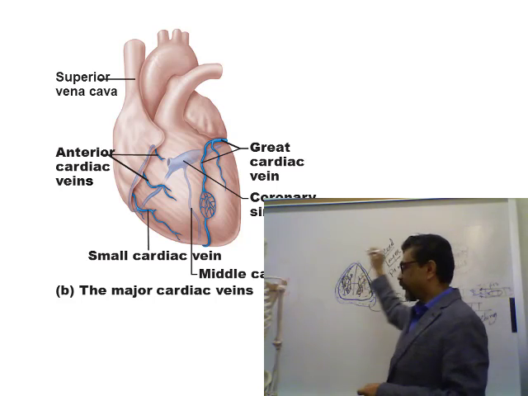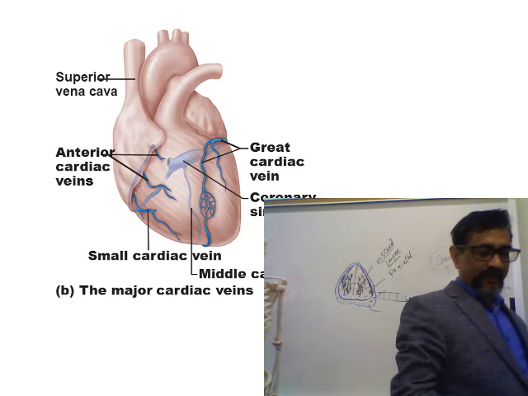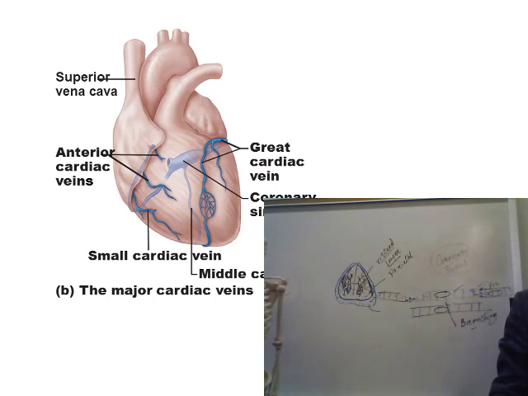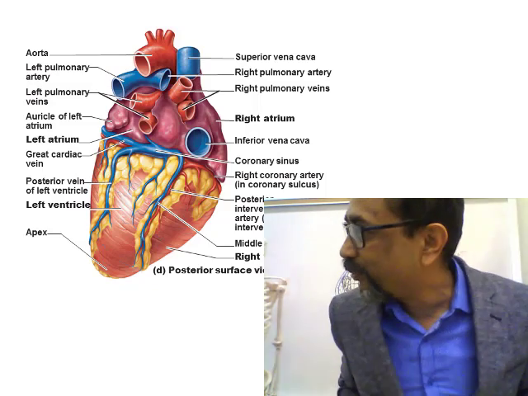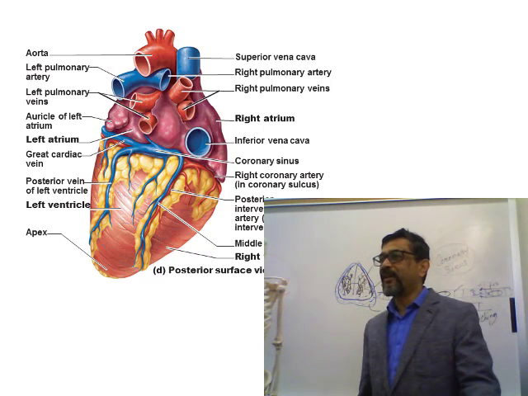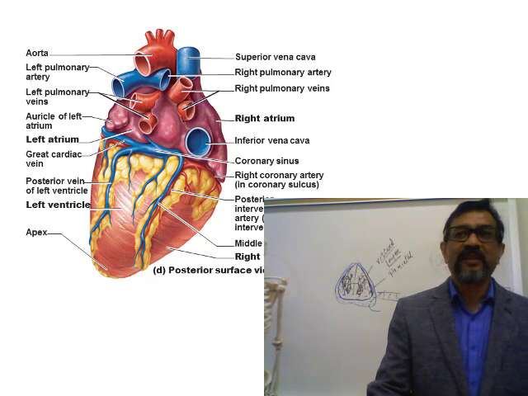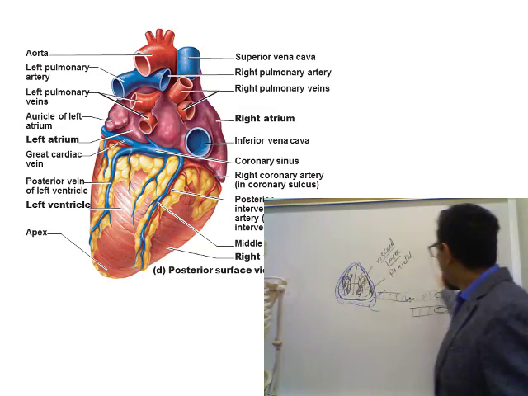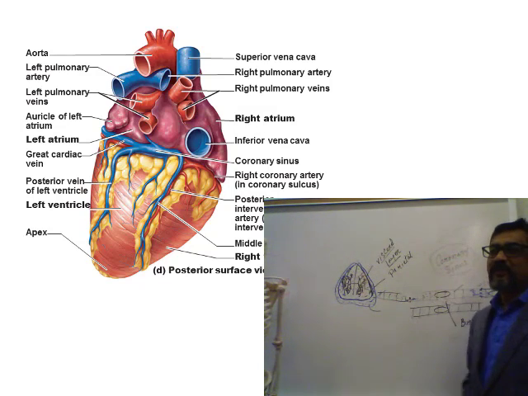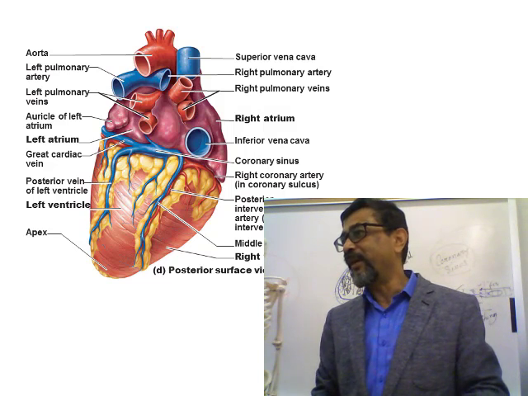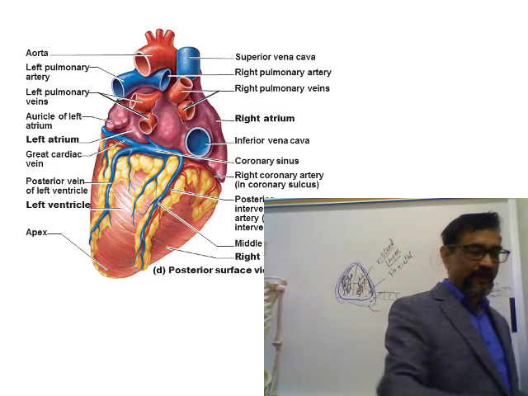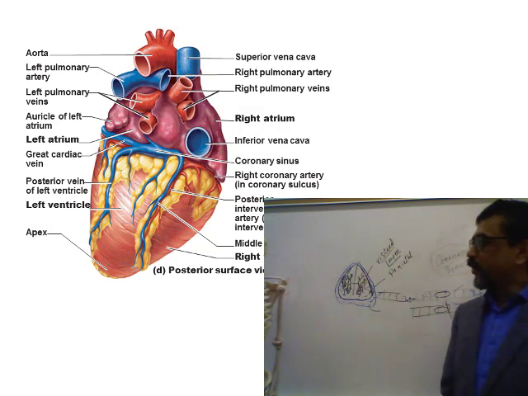So now coronary circulation has two important properties. One is called anastomosis and another is collateral. Very simple. If you see the coronary arteries, like this is one coronary artery, this is another coronary artery, another artery.